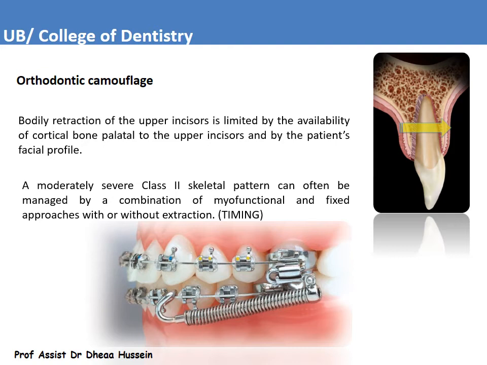As I told you before, the line of treatment would typically be a functional appliance as phase 1 and then orthodontic camouflage with fixed appliances. But sometimes people prefer to use one treatment phase with a fixed appliance with a fixed functional appliance.